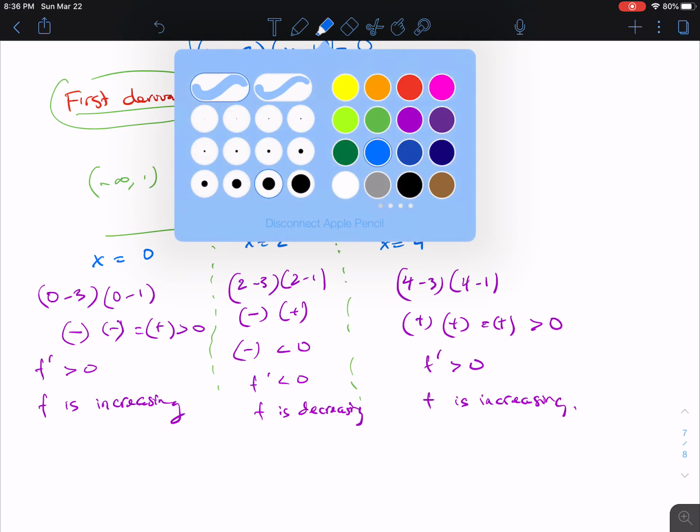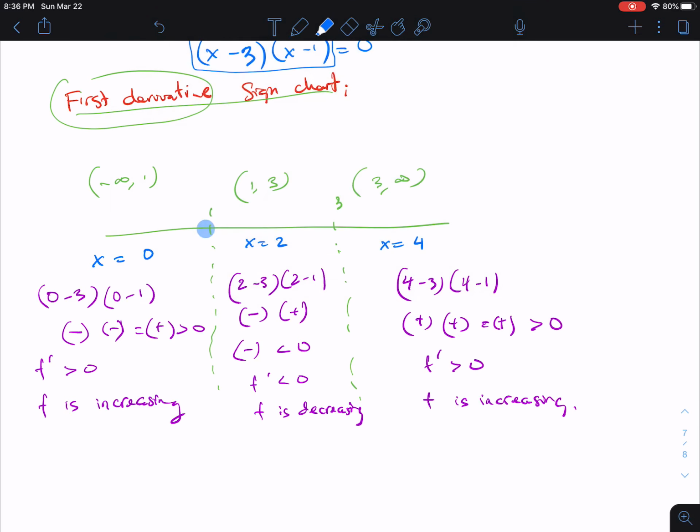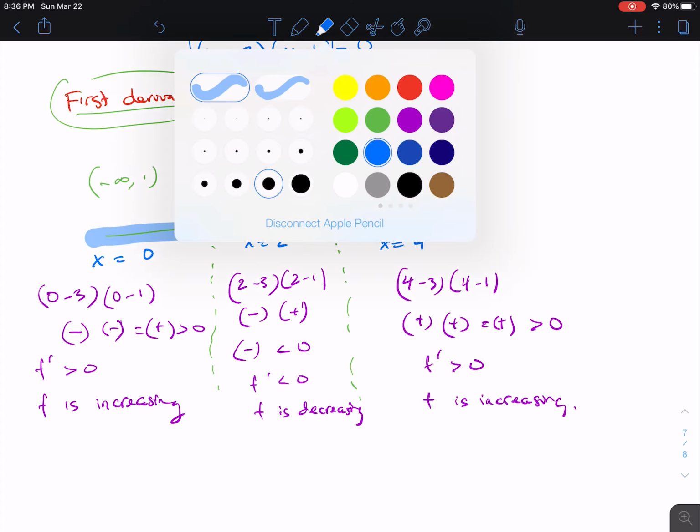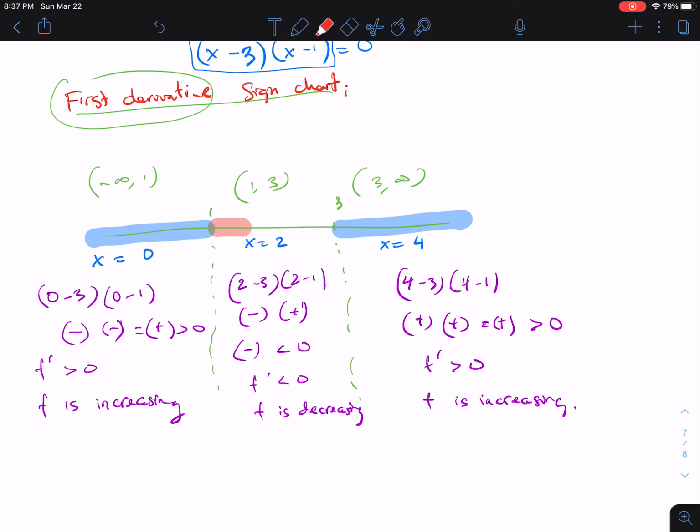Let's use blue. So the graph is increasing from negative infinity to 1, and then from 3 on to positive infinity. And the graph is decreasing from 1 to 3. Let's go ahead and write that as the answer.